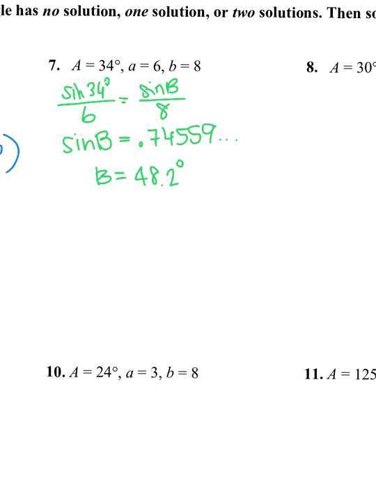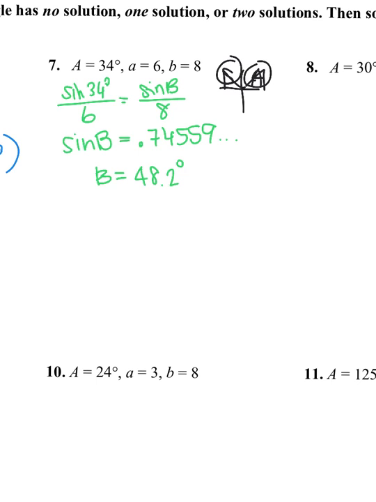All right. It is actually possible for B to be another angle, because we know from our previous lessons that sine is positive in the first two quadrants. So there is an angle that gives us sine B is equal to 0.74559 in the first quadrant, and also in the second quadrant. But they both have this reference angle of 48.2 degrees.